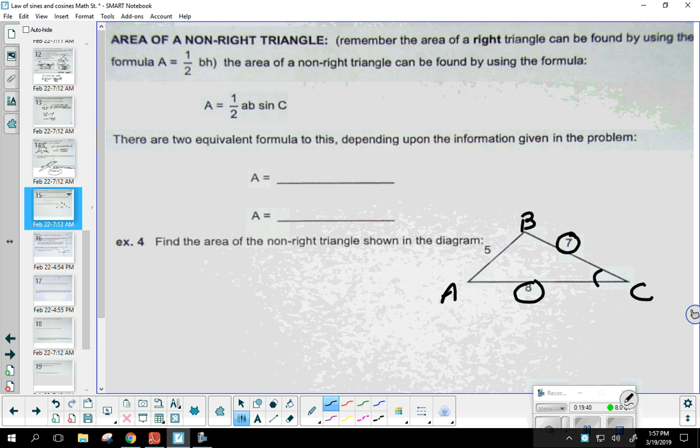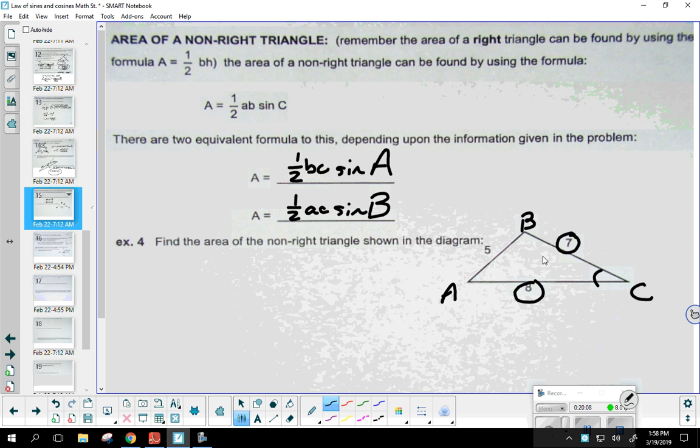If I had angle A as the included angle, it'd be 1/2 BC times the sine of angle A. Or conversely, if I had angle B, what two sides would B be included between? That'd be 1/2 AC times the sine of B.